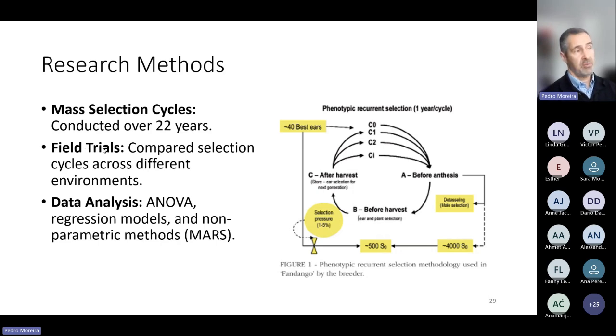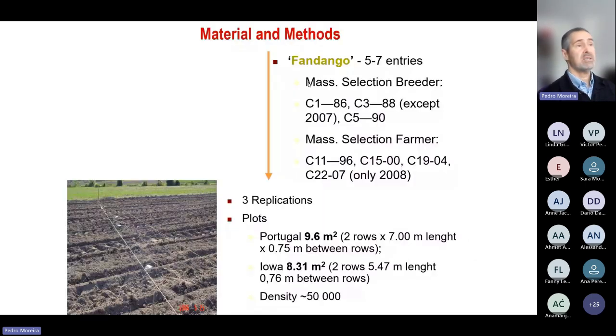There were field trials that compared the selection cycles across different environments, and the data analysis used regression models and non-parametric methods also. This is only to indicate that for the selection, we generally do not choose all the cycles because it's quite expensive.